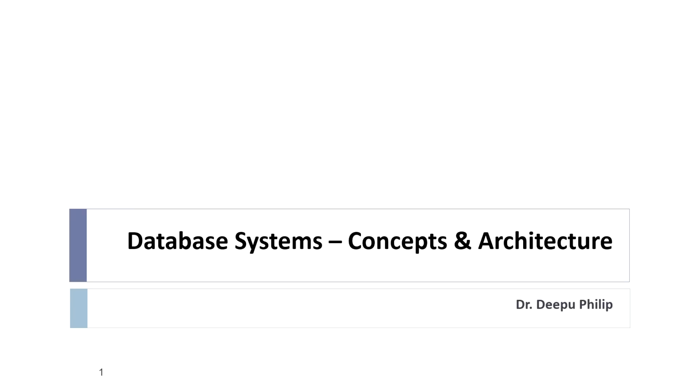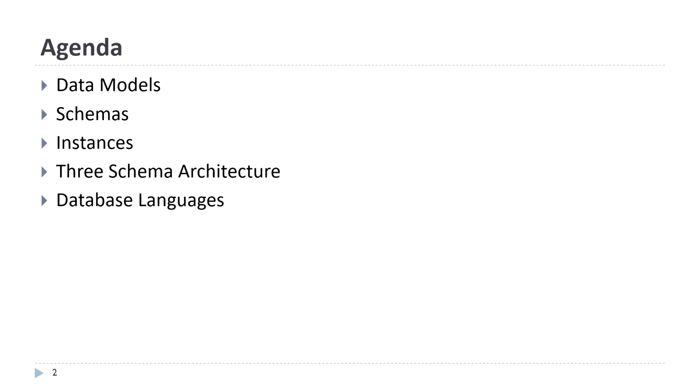And today we are getting into what we call the concepts and architecture. We are going to get into the nitty-gritty details of the design of the database. This is important because the philosophy here is GIGO, garbage in, garbage out.